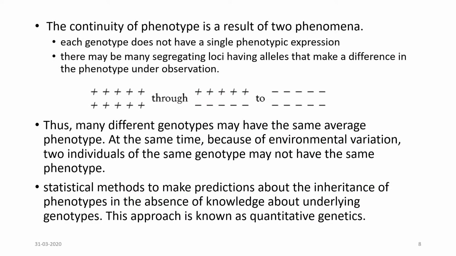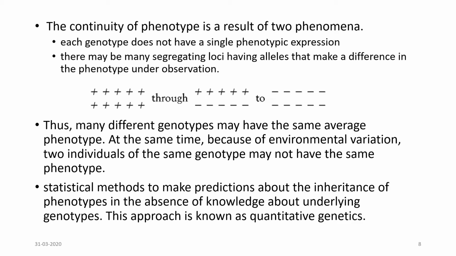So the continuity of the phenotypes is the result of two phenomena. Genotypes do not have a single phenotypic expression, but rather norms of reaction that cover a wide phenotypic range. As a result, the phenotypic differences become very blurred.